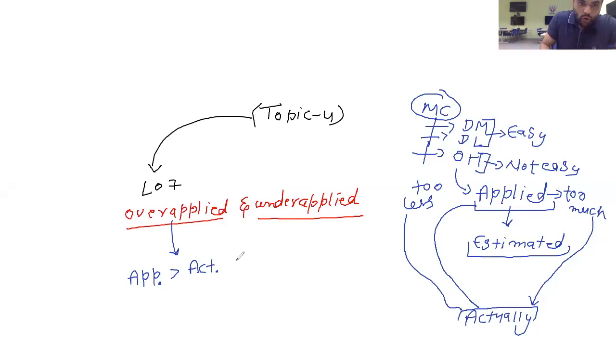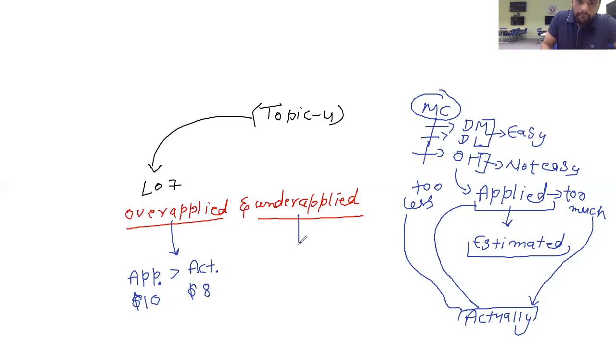Let's say I'm planning that the overhead cost of this product will be $10, but actually it's $8.